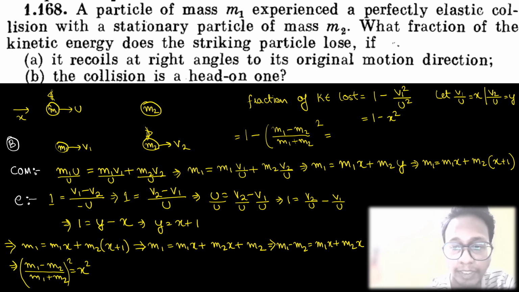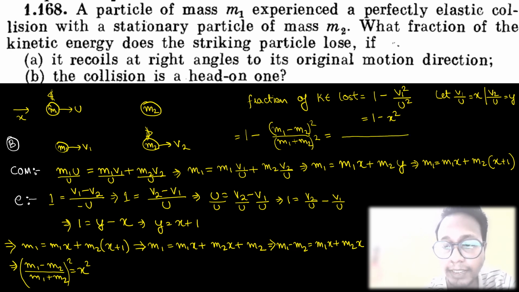Separate out the bracket means make it like this, m1 minus m2 whole square divided by m1 plus m2 whole square. Now can I take LCM? Obviously I can. It becomes m1 plus m2 whole square minus m1 minus m2 whole square, all over m1 plus m2 whole square.